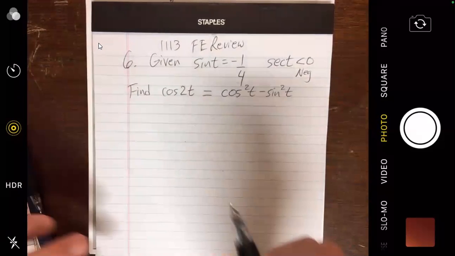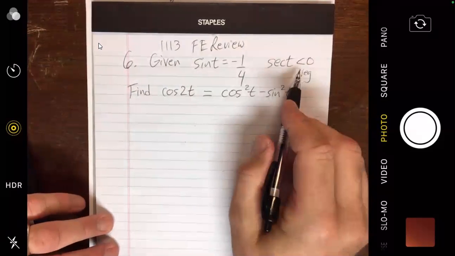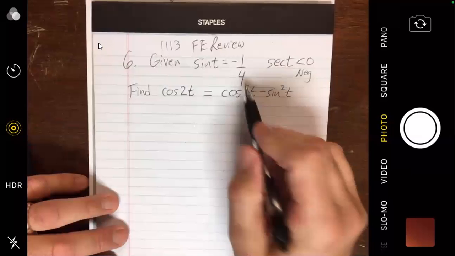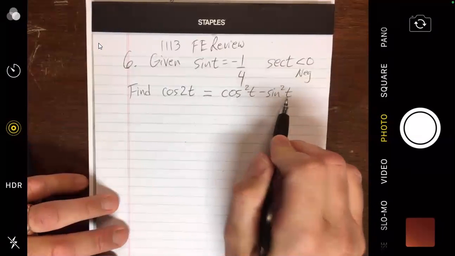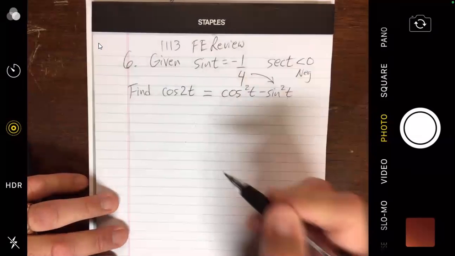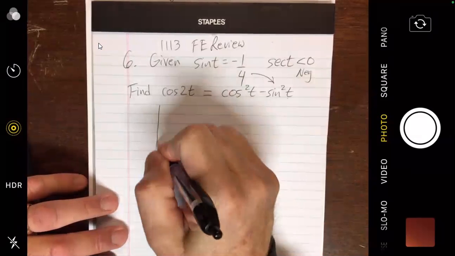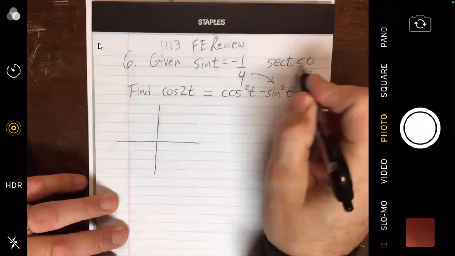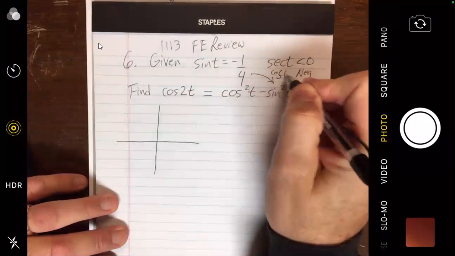Okay. So the trick is to draw a triangle into the correct quadrant and figure out what the cosine of t is. We already know the sine of t. We can plug in the negative 1/4 right there for sine of t directly. So we have to figure out the cosine of t. Your secant of t less than 0 also means your cosine of t will be less than 0.